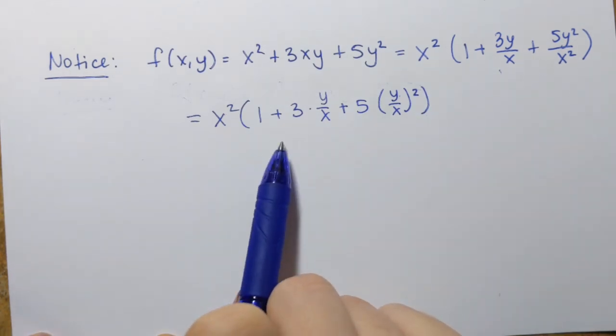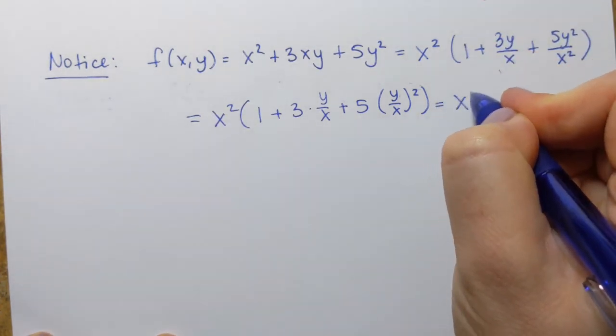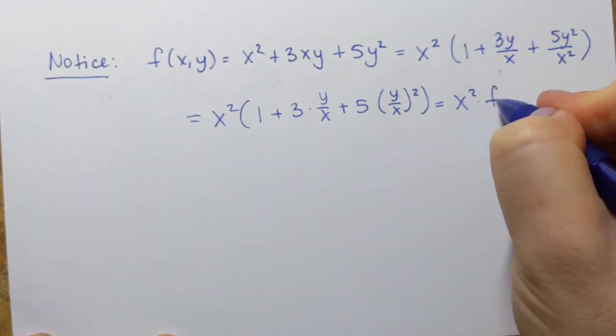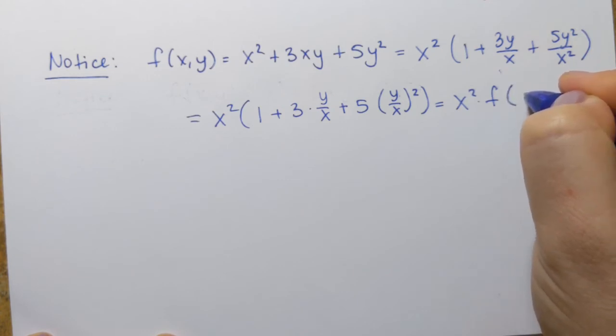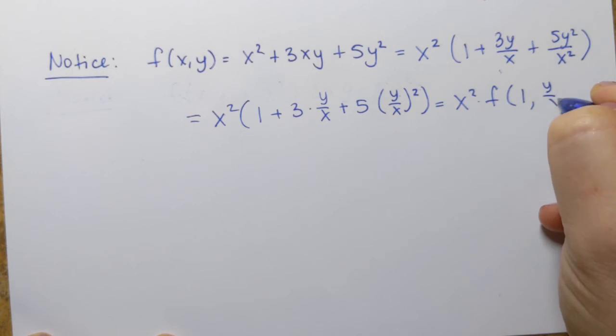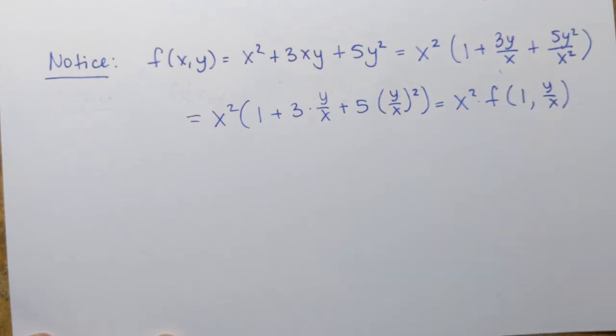And now I am claiming that what we obtain here is the following. It's x squared, which is obvious, right? Times our function f such that x is replaced with 1 and y is replaced with y over x. So it's the function f of 1 comma y over x. Let's confirm that.